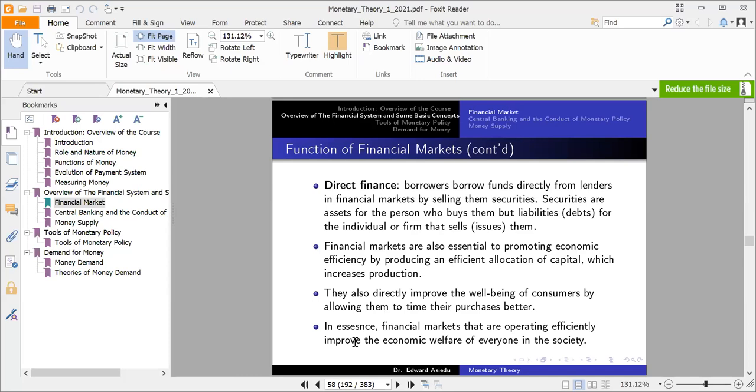And that is why you cannot allow financial markets or the actors to act anyhow in the market. They cannot take people's deposits and run away, because if they do, nobody will bring their monies to them. And if nobody brings their monies to them, and we are all keeping our money in the house, then they cannot give out money that will lead to production in the economy, to higher output.